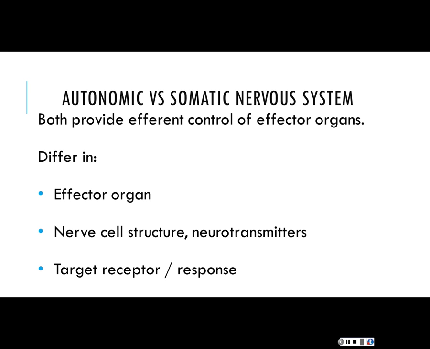A term that I want to address about the autonomic nervous system is, what does the autonomic nervous system control actually? Internal organs. Our internal organs. Things that we cannot voluntarily control. So we said it's involuntary.